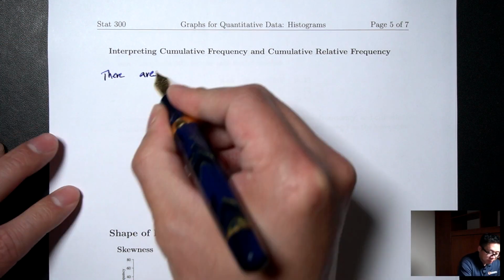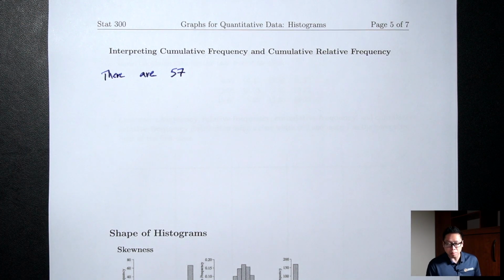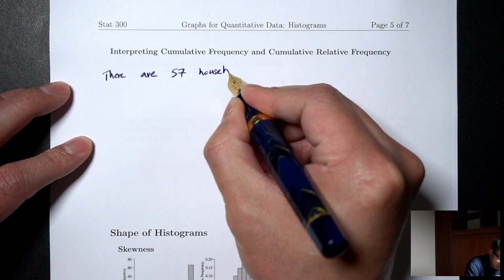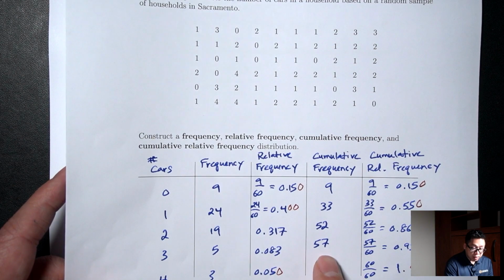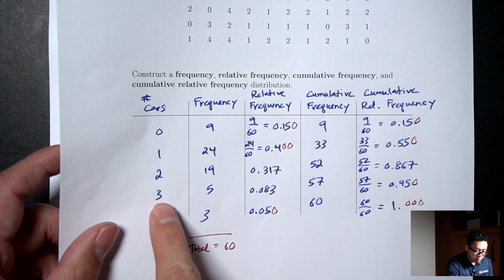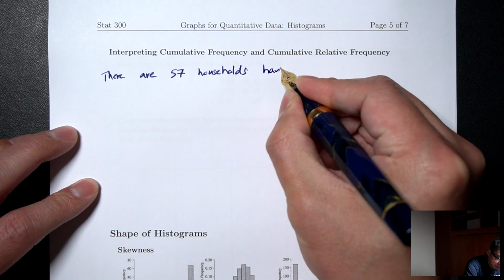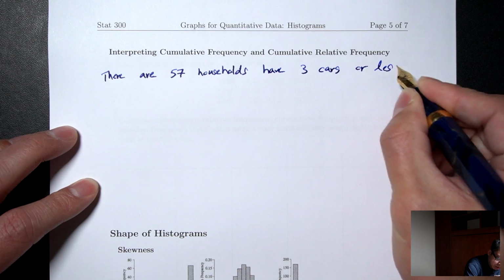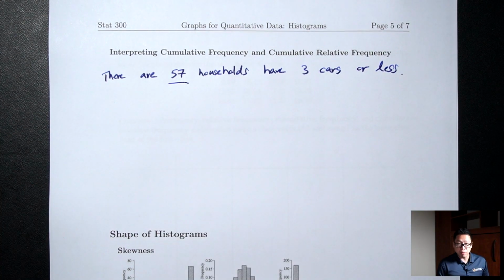there are 57, and I keep on saying people, but in that first situation, we're talking about households. So there are 57 households. And what's special about these 57 households? These 57 households have 3 cars or less. So what I'm looking for is the 57, and what's special about these 57 households?